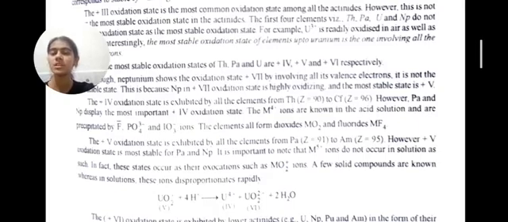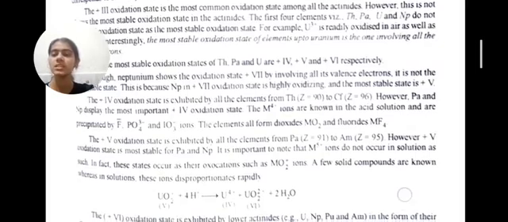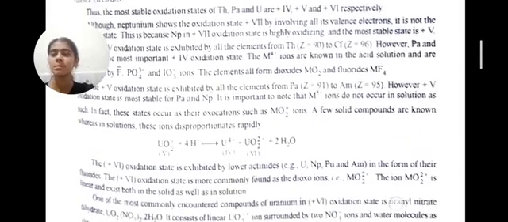It is important to note that M5+ ions do not occur in solution as such. In fact, these states occur as their oxocations, such as MO2+ ions. A few solid compounds are known, whereas in solution these ions disproportionate rapidly.